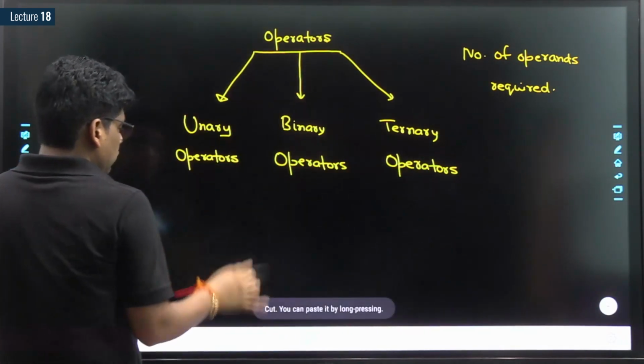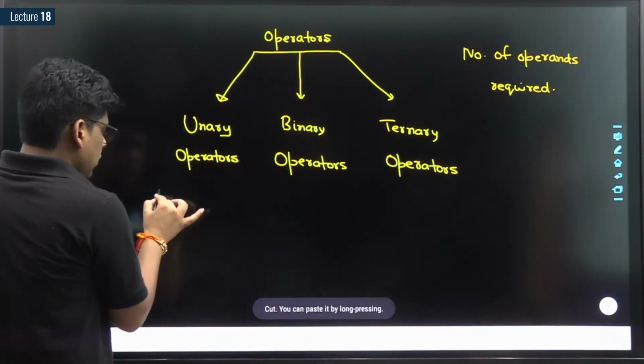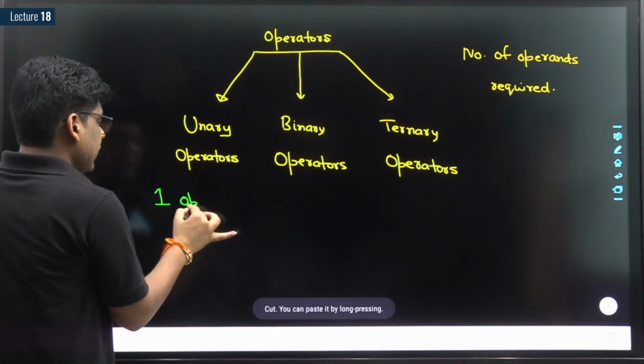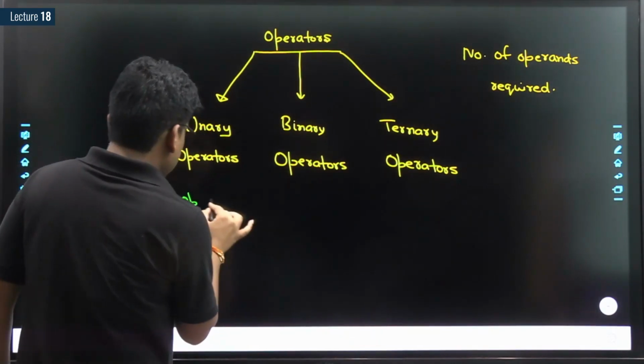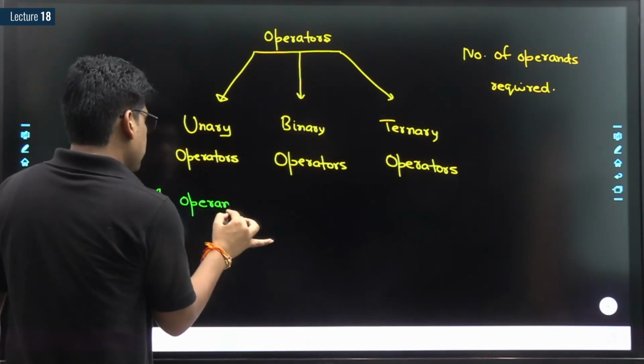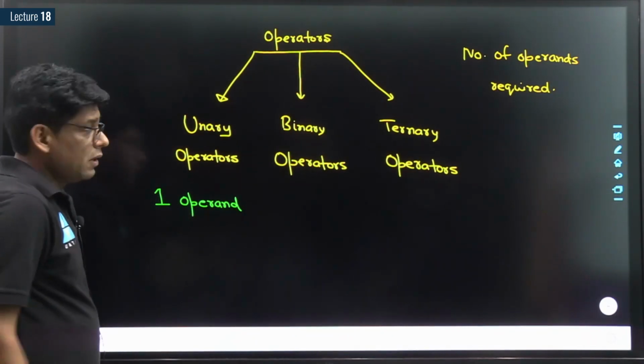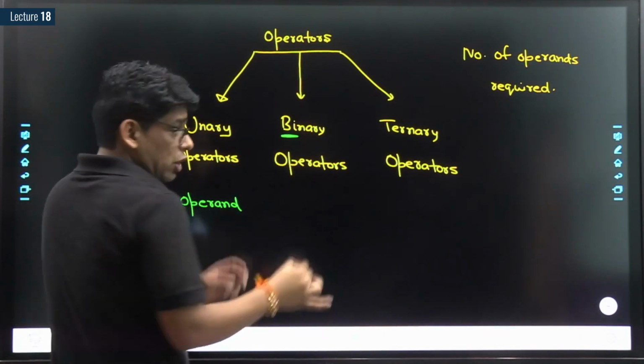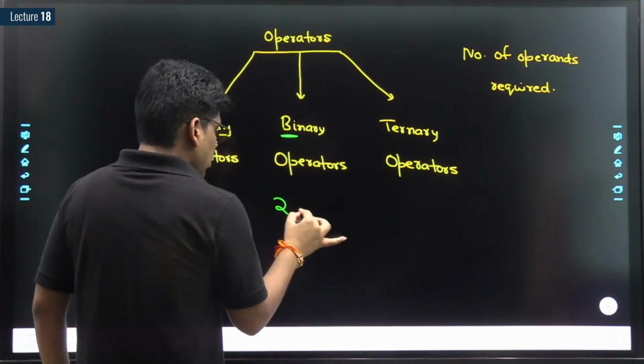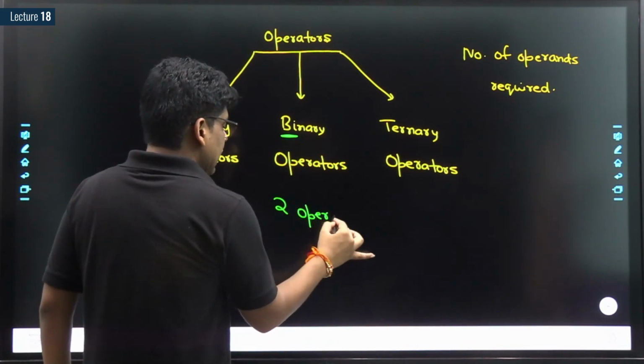What are unary operators? Only one operand. Those operators that work upon a single operand. What is the meaning of binary? 2. That means here 2 operands are required.